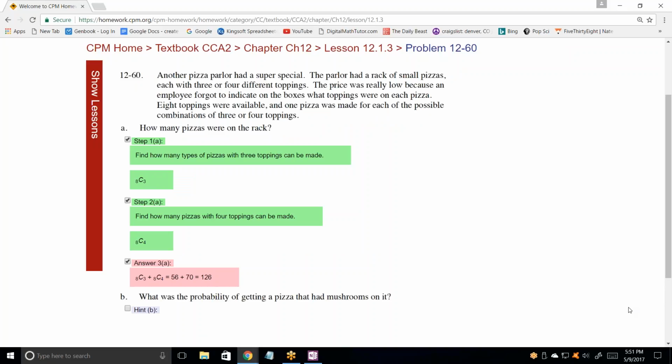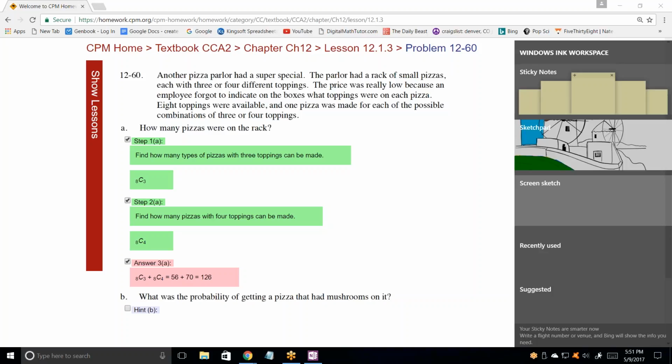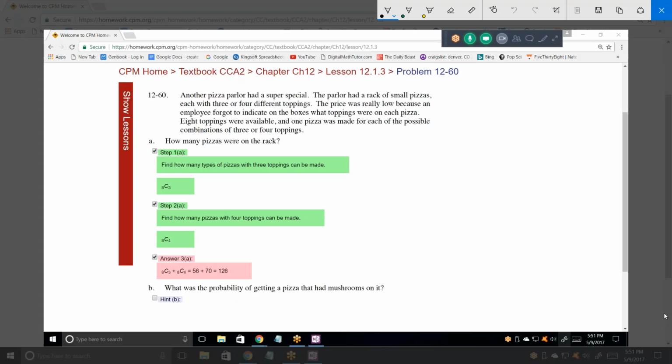Okay. What's the probability of getting a pizza that had mushrooms on it? So there's 126 pizzas. How many of them have mushrooms?